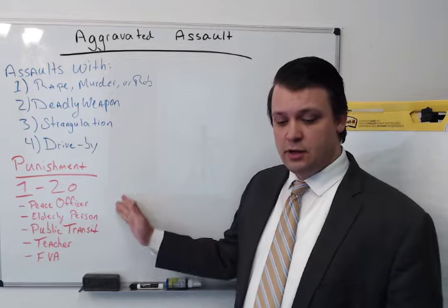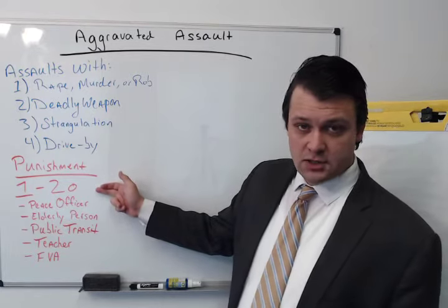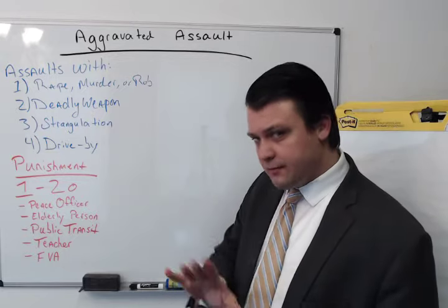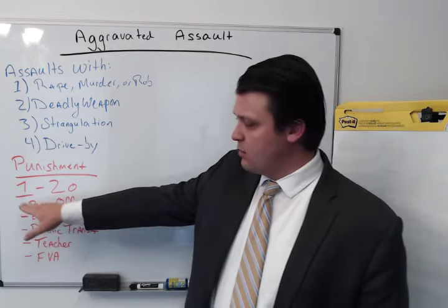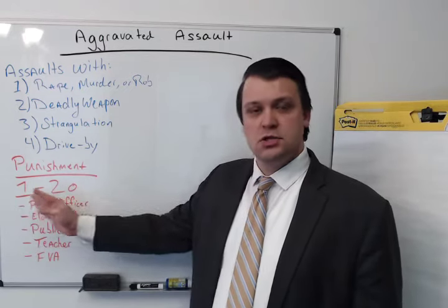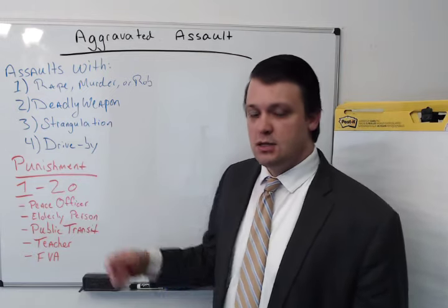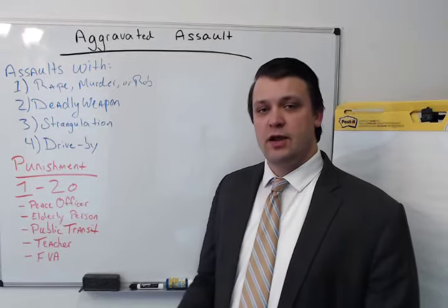Okay. Let's move to the punishments. This got pretty small here, so I'm sorry if you can't read it, but the general punishment for aggravated assault, with no special factors or anything like that, is one of the widest ranges we have. It can be anywhere from 1 year to 20 years. Okay, so 1 year of probation to 2 decades in prison is really what we're dealing with as a general range of punishment in aggravated assault.